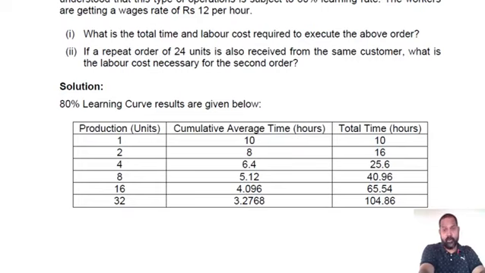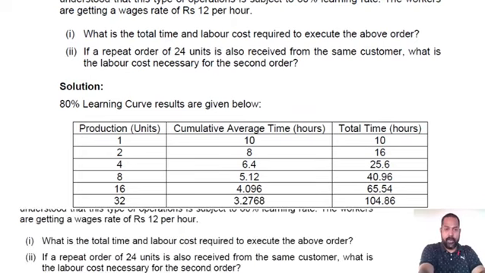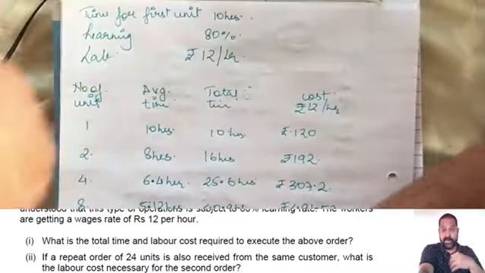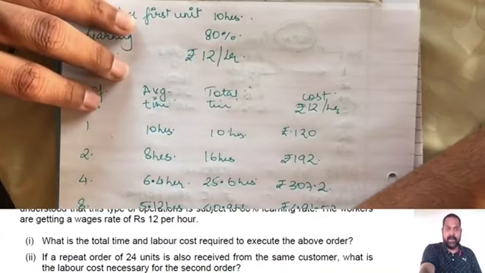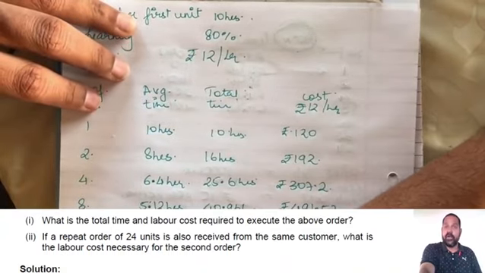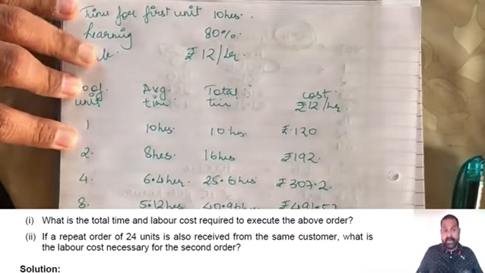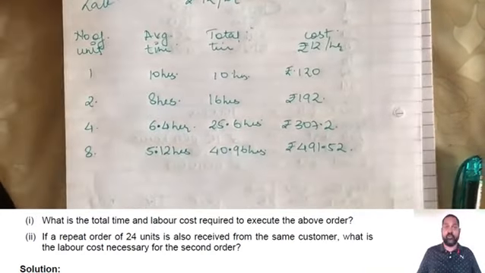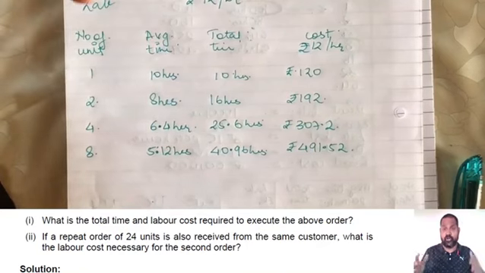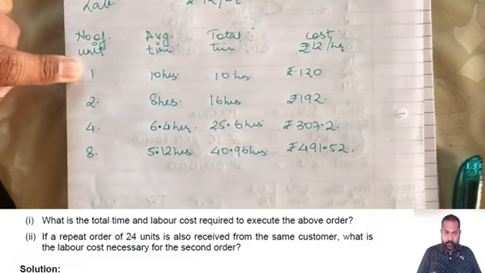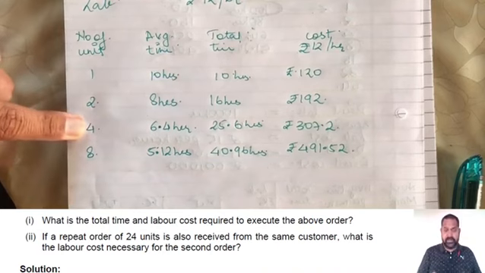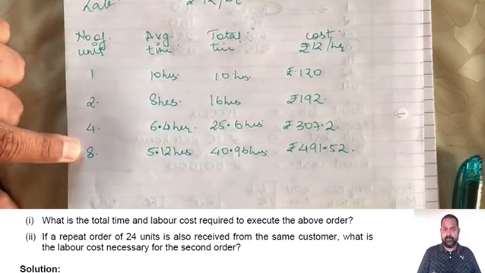Okay, now there is a problem. Why is there a problem? The problem with the learning curve, as I have learned it, is that I can give you the cost or time, average or total, of 1 unit, 2 units, 4 units, 8 units.